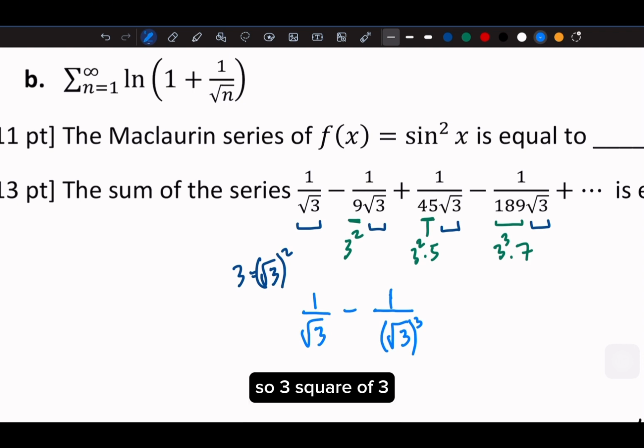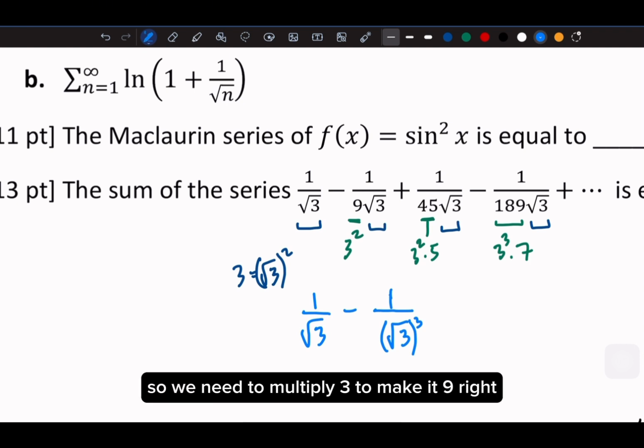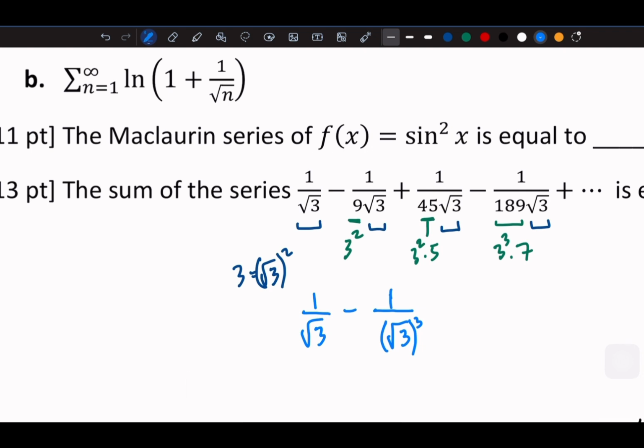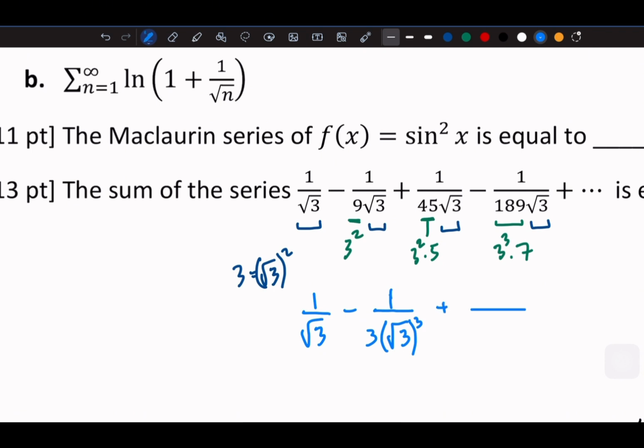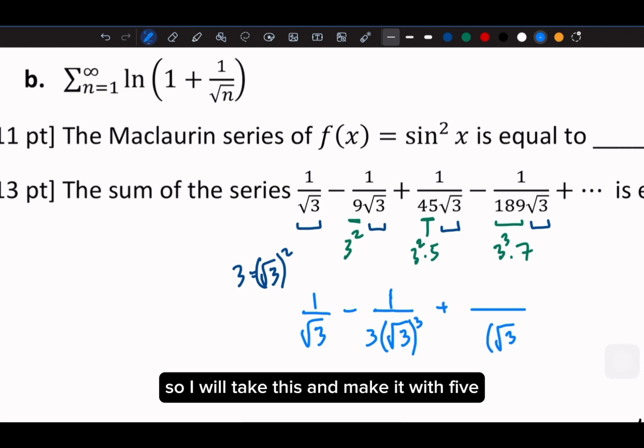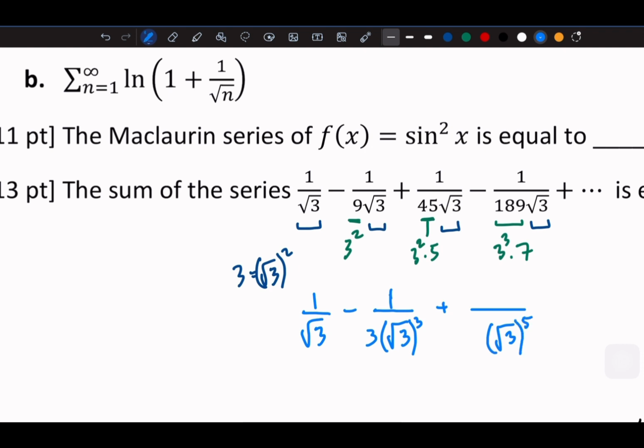So 3 square root of 3. We need to multiply with 3 to make it 9, right? So to make it 9, we need 3. Okay. And then another one, since we start on 1, 3, I expect to be 5. So I will take this and make it with 5.